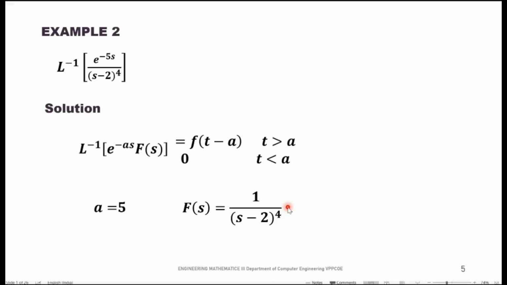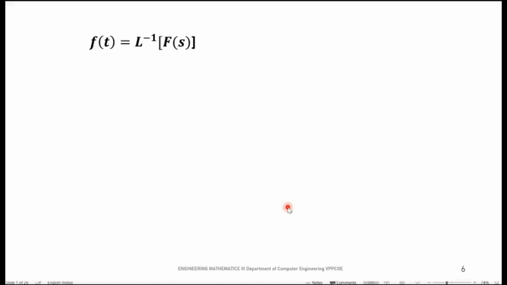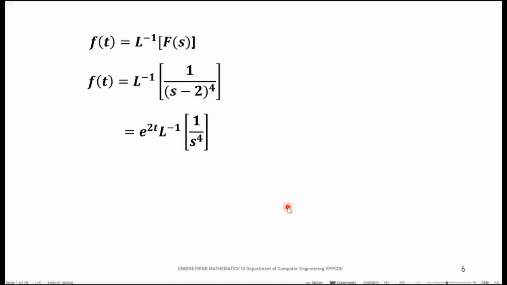Remaining will be L inverse of 1 upon s raised to 4. So I will take e raised to 2t outside, L inverse of 1 upon s raised to 4. Now it is of the form 1 upon s raised to n plus 1.